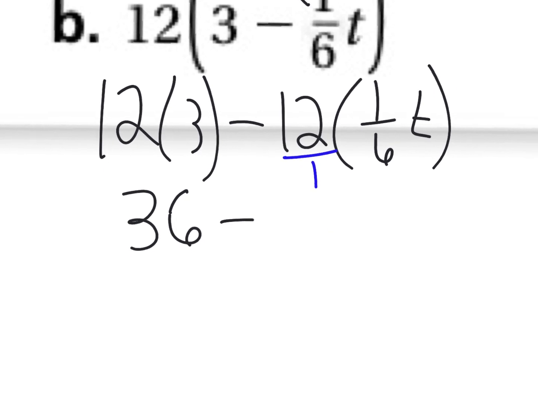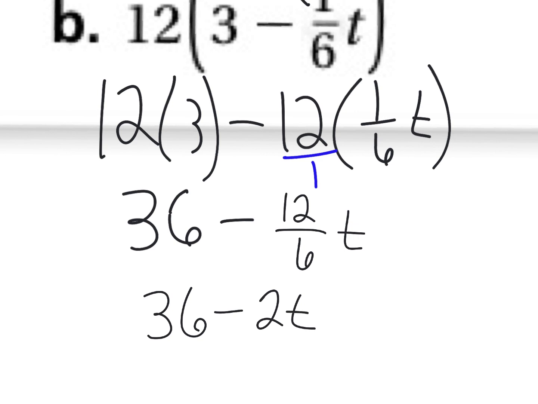And then you can either just multiply straight across, would be 12 over 6, or you could reduce the 12 and the 6 by a factor of 6 if you wanted. Either way, when you divide that out, if you didn't simplify, then you should end up with 36 minus 2t.